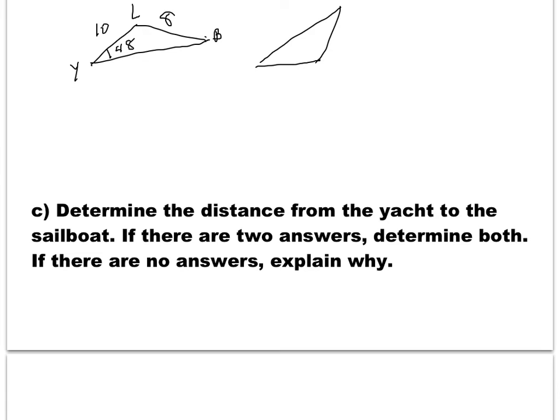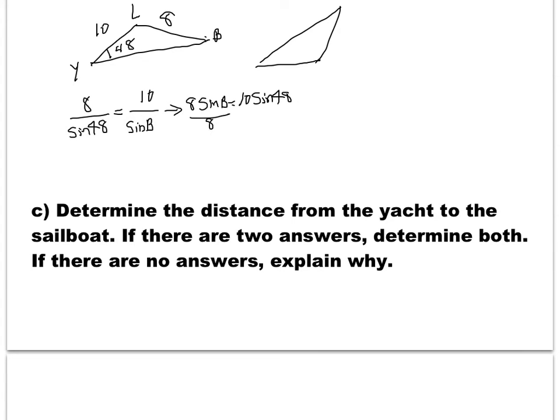We can use the sine law and we can say that 8 divided by sine 48 is the same as 10 divided by sine B. If we cross multiply, we get 8 sine B is equal to 10 sine 48.